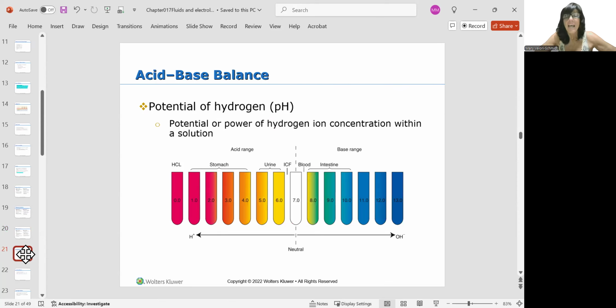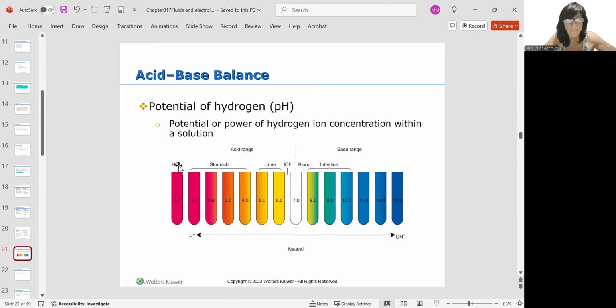Okay. Now let's talk about acid-base balance. Okay. What is an acid? An acid is the potential of hydrogen. It's how many hydrogen ions are concentrated in a certain solution. When we look at the chart here, the levels of the hydrogen, if you see a lower number like a 0, that is hydrochloric acid.